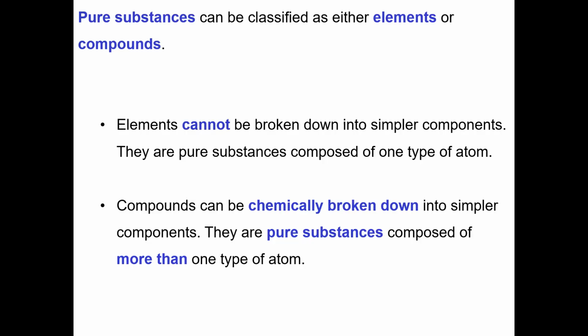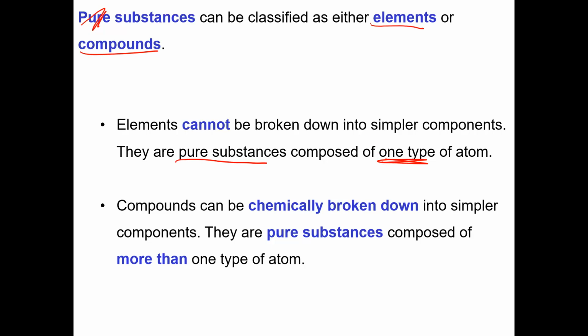Pure substances, or sometimes just referred to as substances, can be classified as being either elements or compounds. Elements cannot be broken down into simpler components by either physical methods or chemical methods. And this is because they are pure substances composed of only one type of atom.